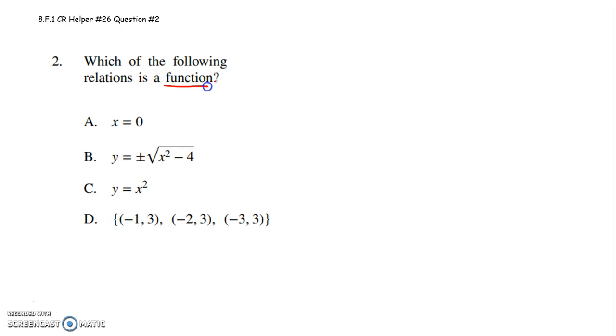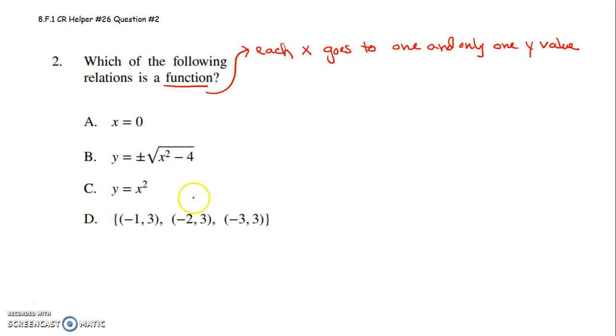So to be a function, each x goes to 1 and only one y value. You also use the vertical line test to test if something is a function, if you're given the graphs.